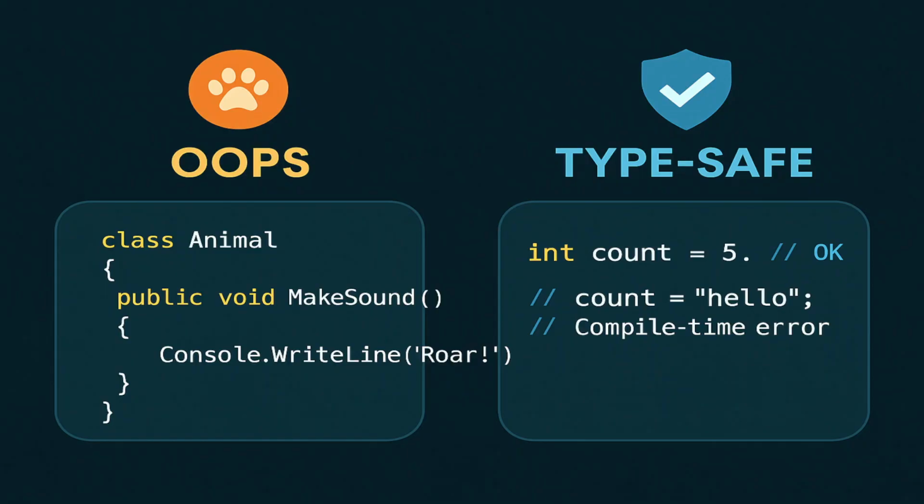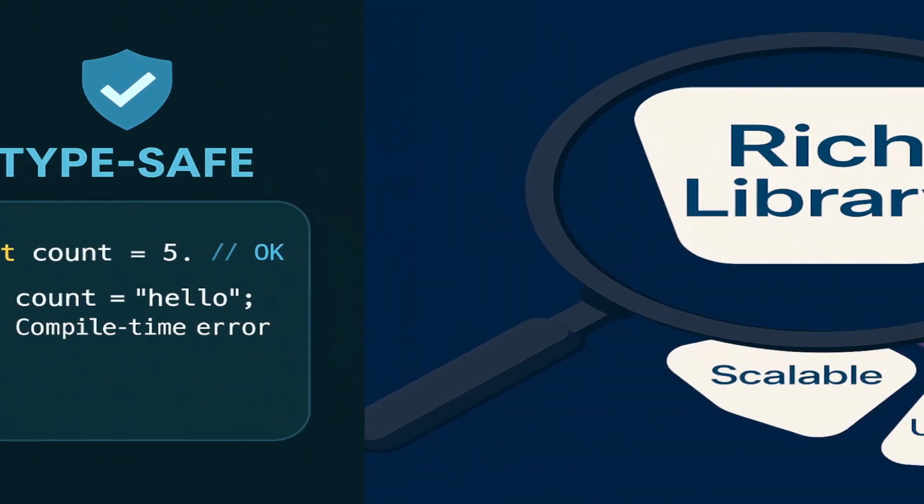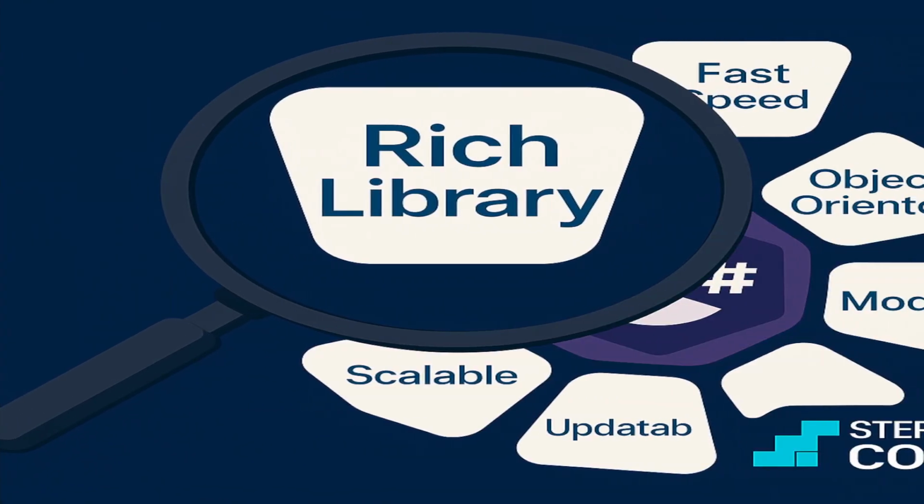Now moving to the next, the very rich collection of libraries. C Sharp has a huge collection of libraries. It leverages the vast and comprehensive .NET Class Library, which provides an extensive collection of pre-built functions and types. What exactly is a library? Maybe someone has not used these libraries.